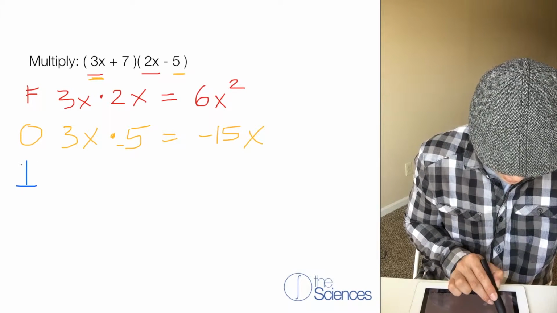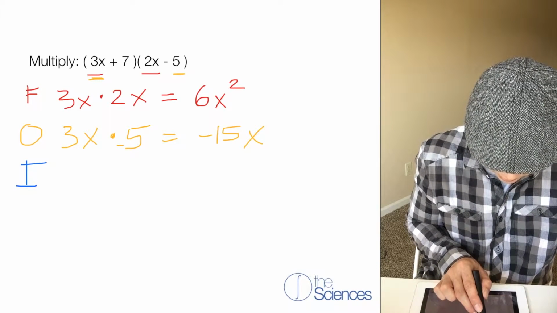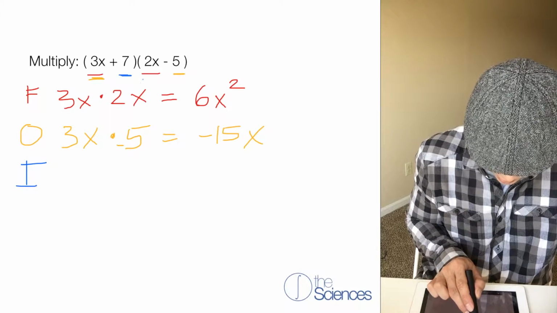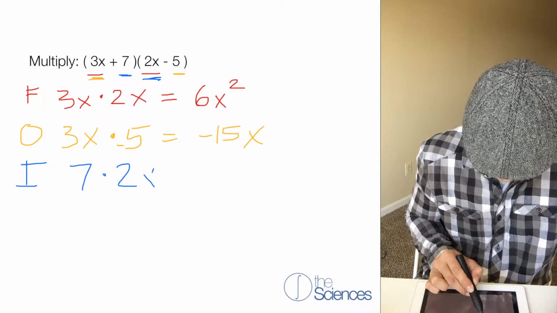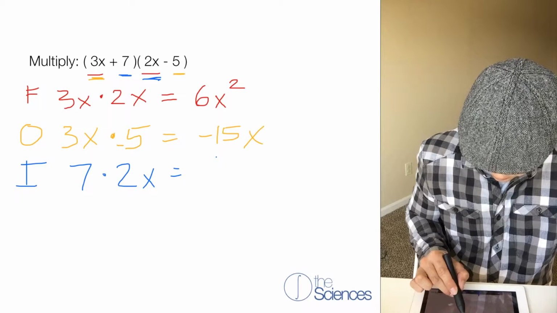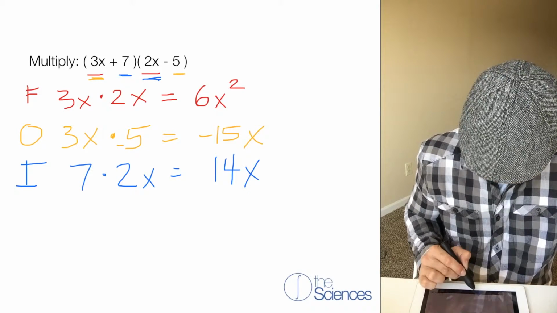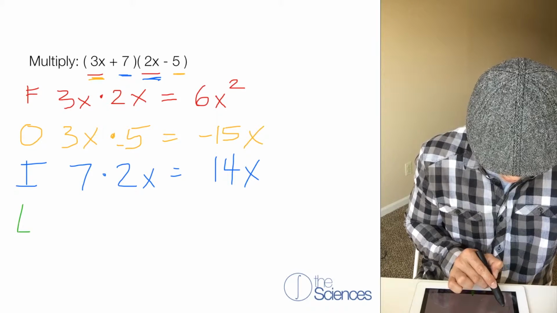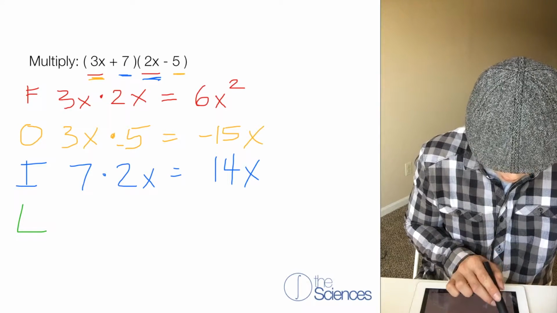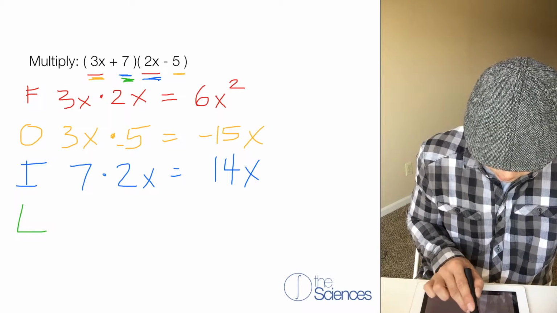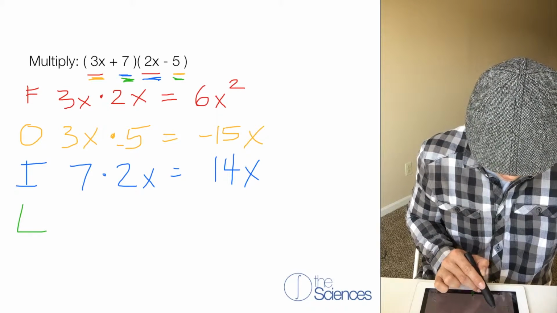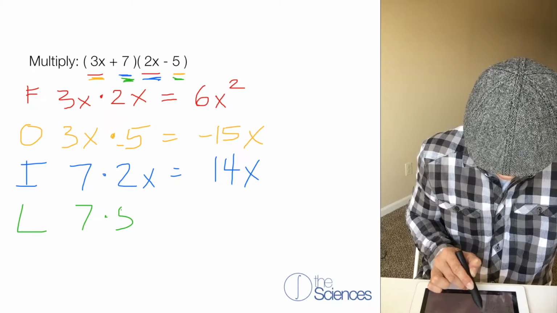Now the inside terms, we're going to multiply the inside terms, which is 7 times 2x, which is 14x. And then in L, we're going to multiply the last terms. So we're going to multiply 7 times 5, which is 35.